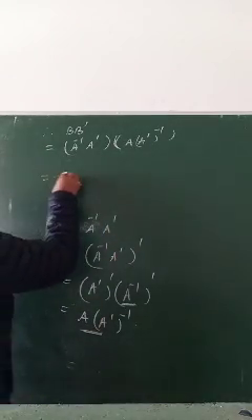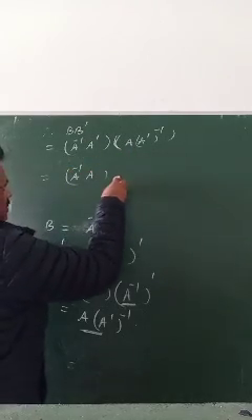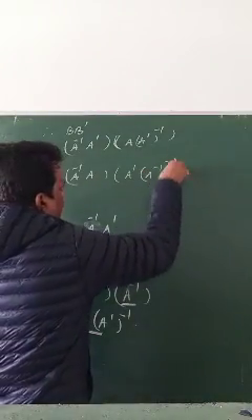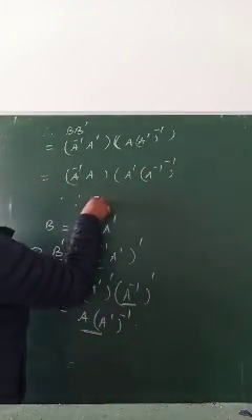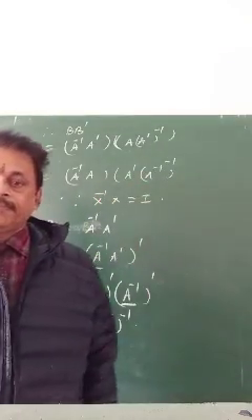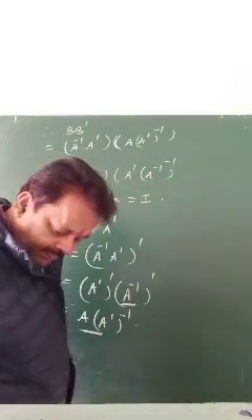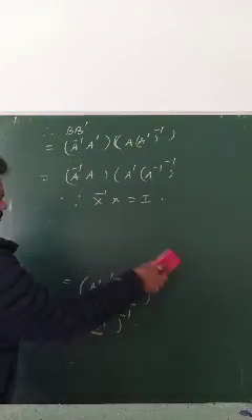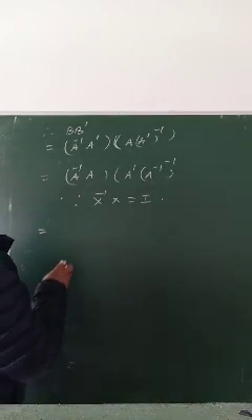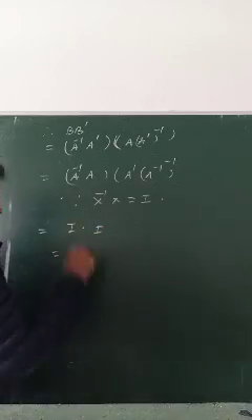I can write A inverse A together because that is already given, and A transpose inverse together. Since X inverse X equals the identity matrix, this will be identity, this will be identity. So what will you get? I into I is I.